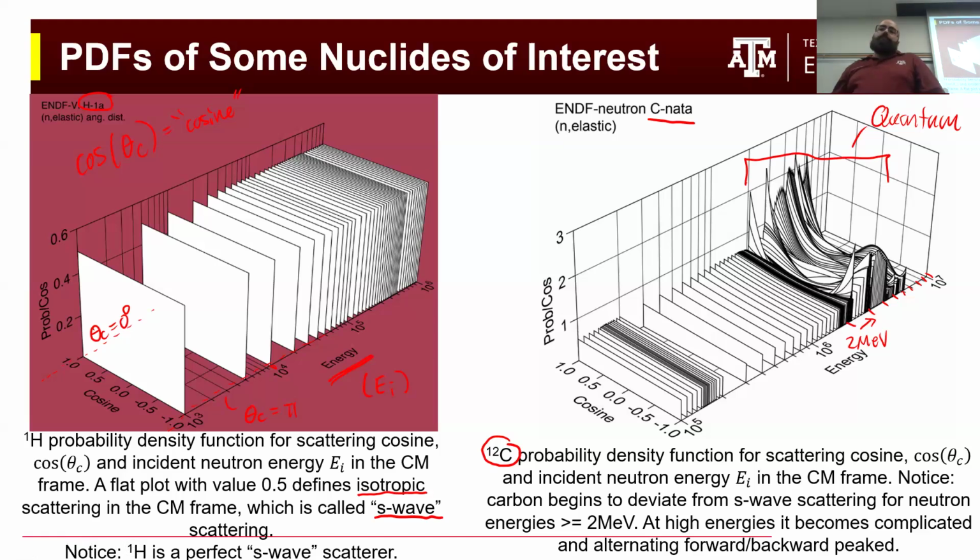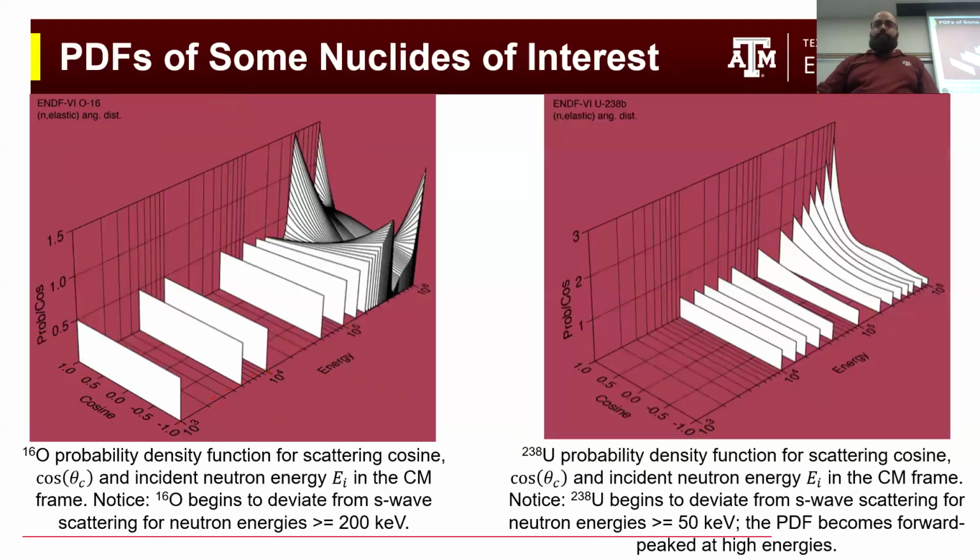And so, for carbon, you could basically consider it an S-wave scatterer too. And we care about hydrogen because that's part of water, and that's why we like water as a moderator. But also a lot of reactors use graphite as a moderator, and that's what carbon 12 is. Graphite would be made out of carbon. So we care about carbon.